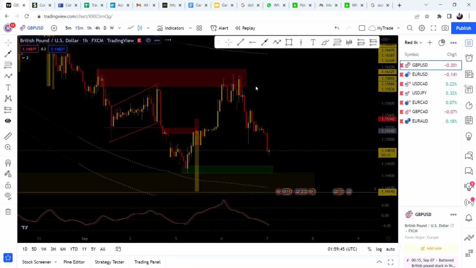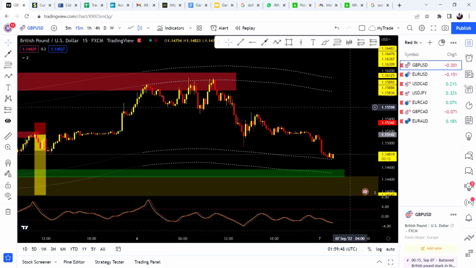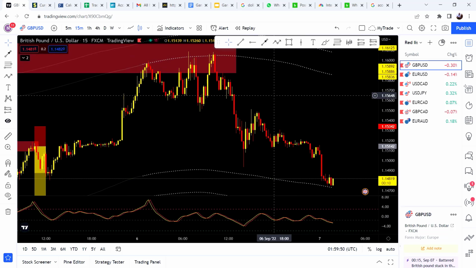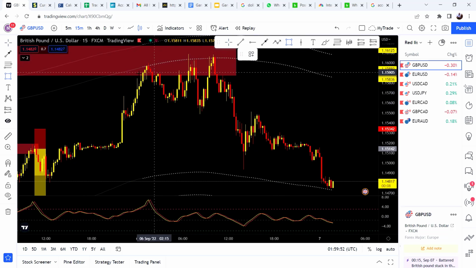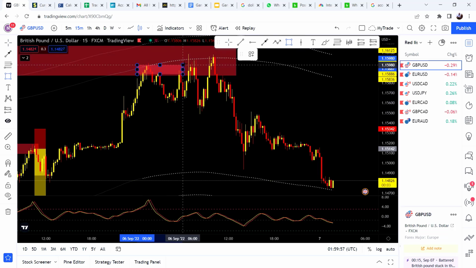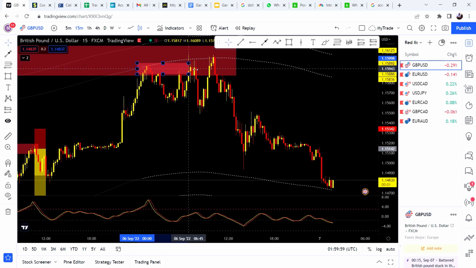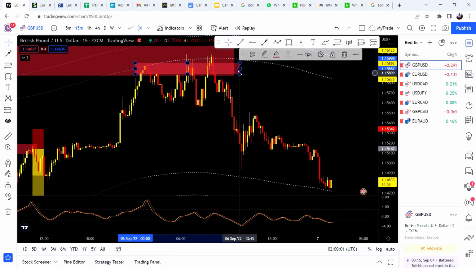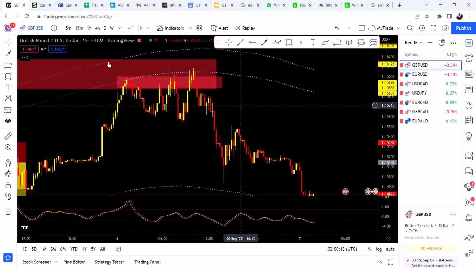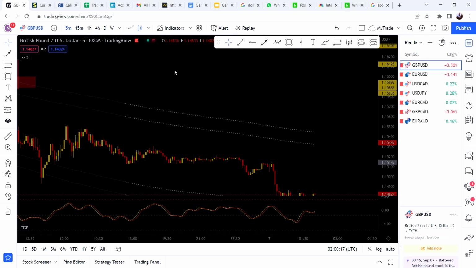Then came back to 15 minutes. So as price got into the zone, I took this candle and took that candle, and I was expecting some sort of M pattern. Let me check the time.